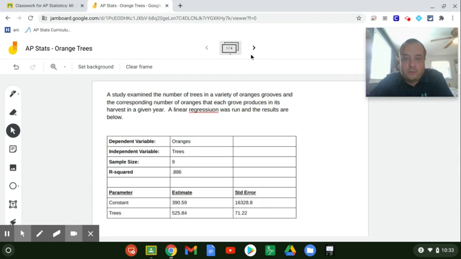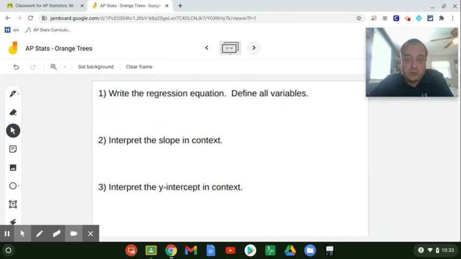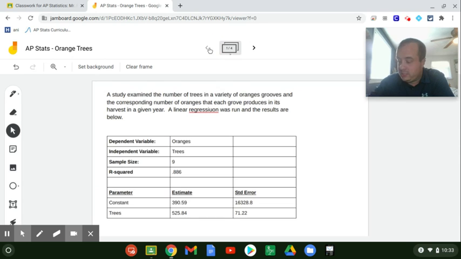All right. So if we look at question number one. Question number one says, write the regression equation, define all variables. Define all variables means, okay, put it in context, right? So we already said that our response variable is oranges, so we're talking about predicted oranges, right?